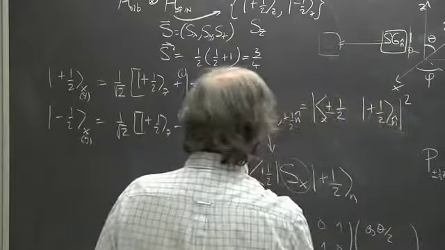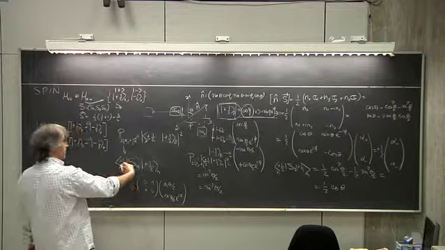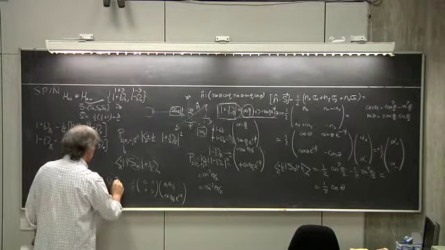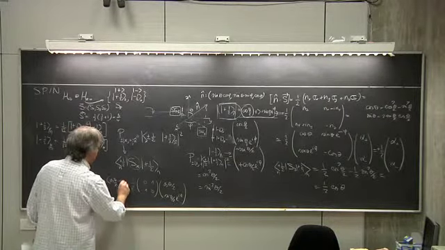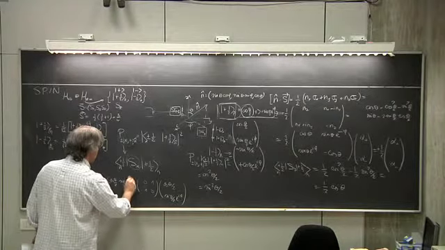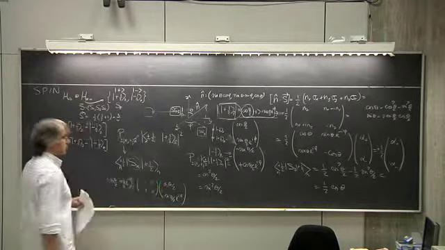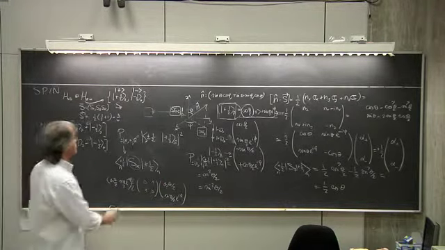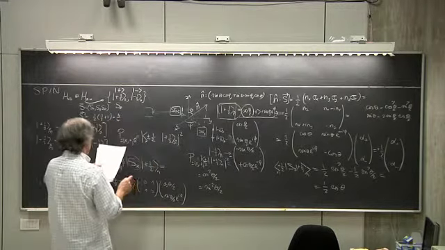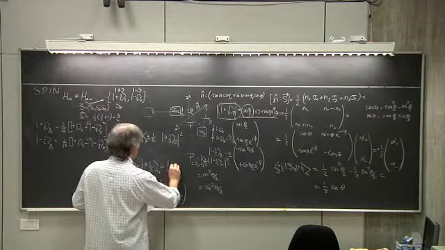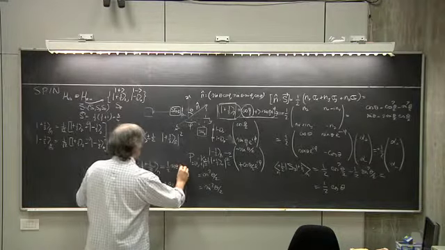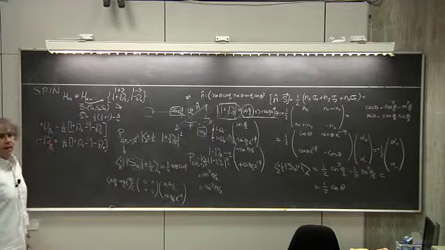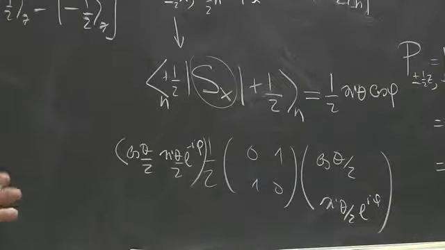And on this side, you should put the bra, so cos theta over 2 and sine theta over 2 e to the minus i phi. You do this small scalar product, and you will obtain a quite simple result. You will obtain 1/2 sine theta cos phi. Believe me, it's a simple calculation, and it requires also using a little bit of those formulas.